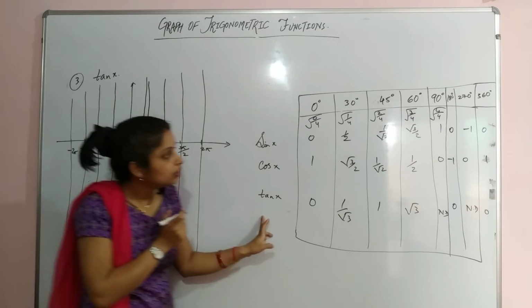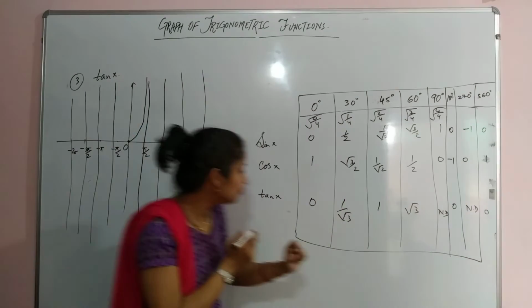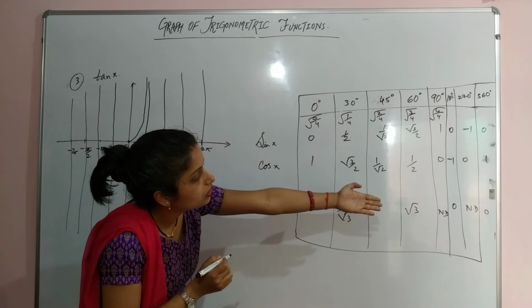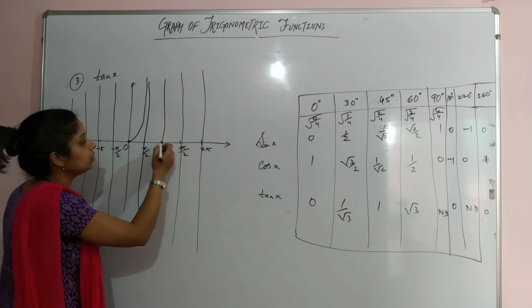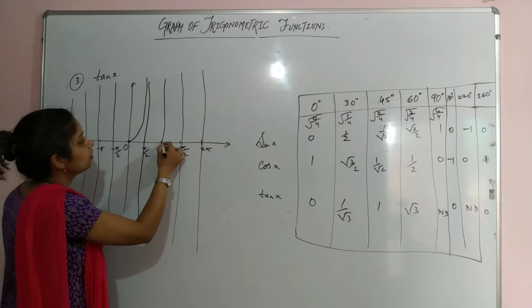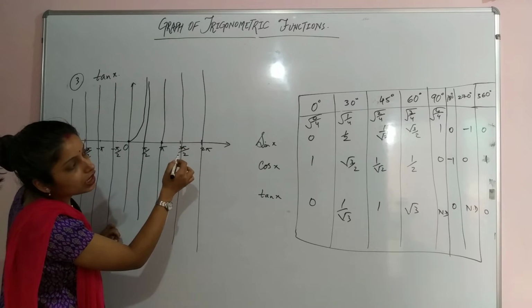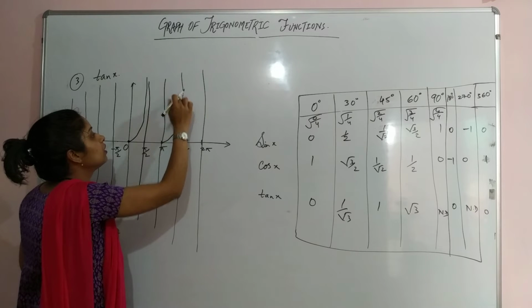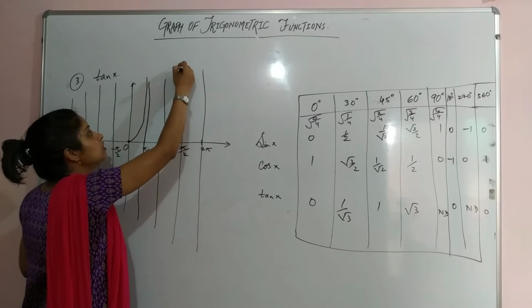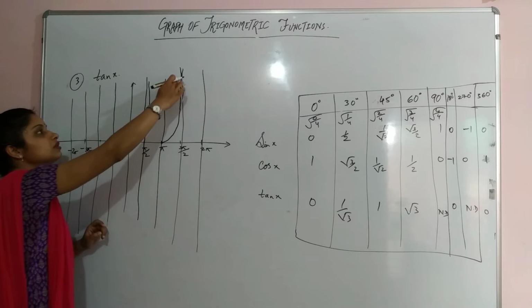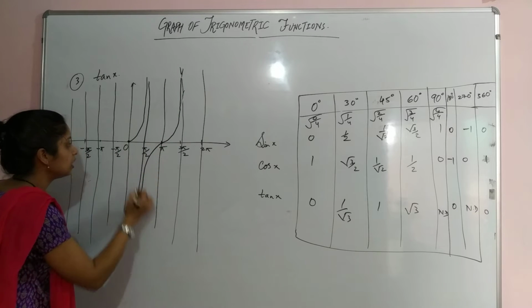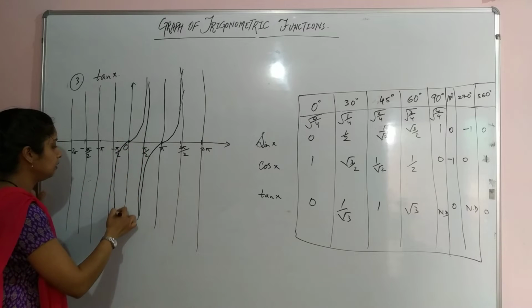After that at 180 it is 0, so again this is 0, and after this is again not defined at 3 pi by 2, so it is symmetry. Then this way it is tending towards infinity, and similarly it is downside also in this way.